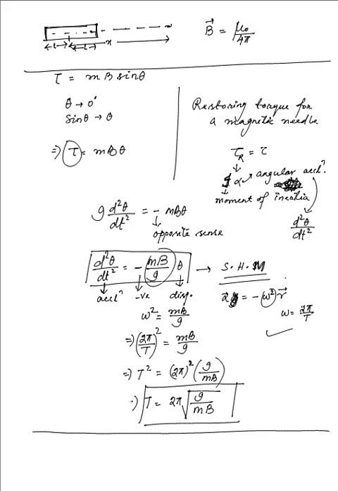So mu naught divided by 4 pi, and Qm is the magnetic pole strength, and the magnetic dipole moment, as we discussed in this video, is the vector m, divided by the cube of the distance, that is x cubed. This is the expression, and the magnetic induction vector lies along the direction of the magnetic dipole moment along the axial line.